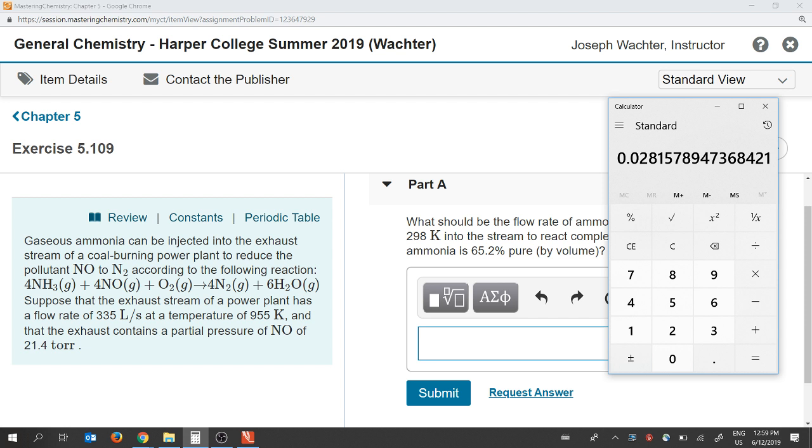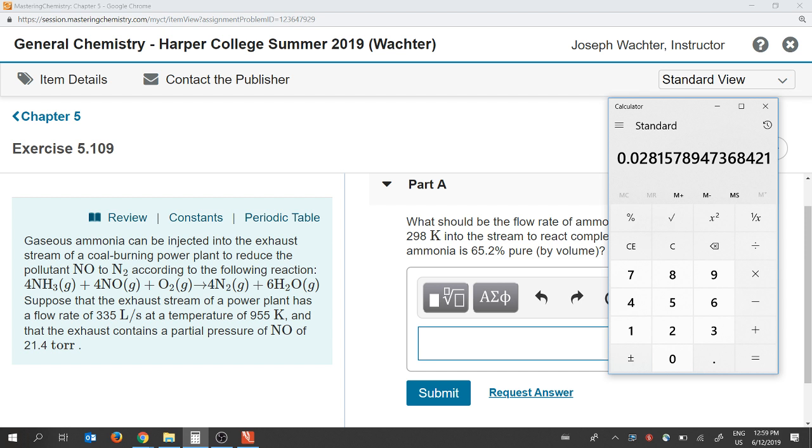And then we know that we can calculate our moles of NO, and so this is going to be moles per second, basically. Everything that we're calculating here ends up being per second because it's liters per second.